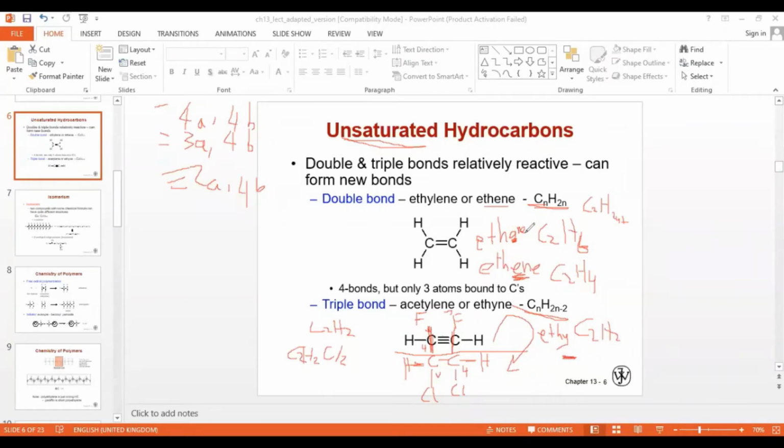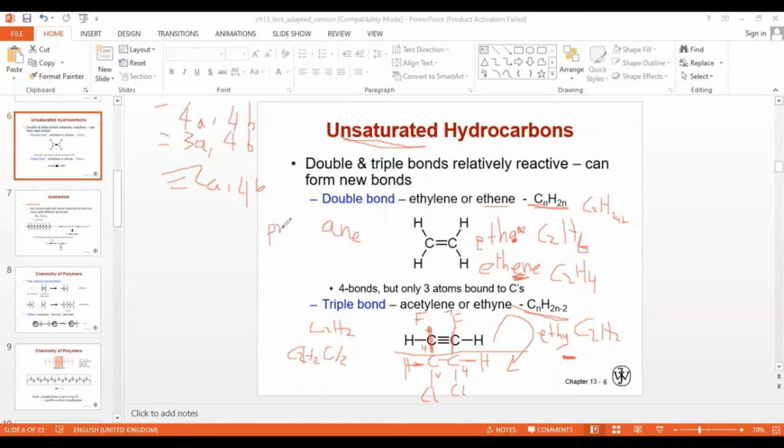ETH is fine, AN is also fine, but only the fourth letter changes: A, E, and Y. So if it is unsaturated, only ethyne and ethene come into the picture. If it is saturated, ethane comes into the picture, right? This AN, EN, and YNE part is common for all. Not only for ethane, it's the same for propane, butane, and pentane also.